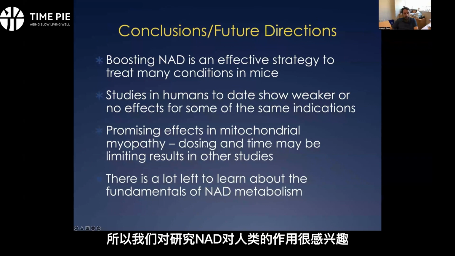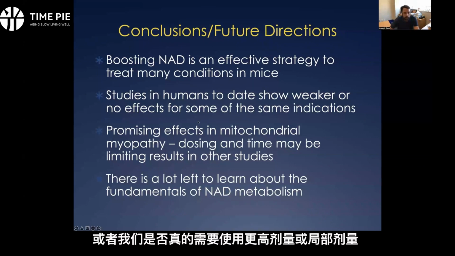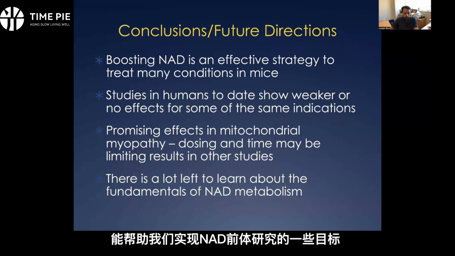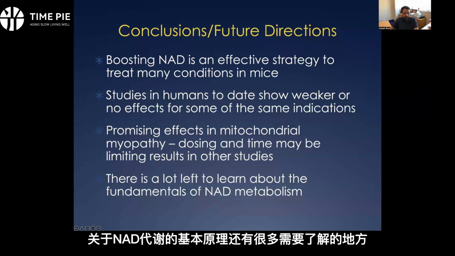And so we think it's a very exciting time to be looking at human studies, but also to be thinking about why we're not translating all of the things that we see in mice into humans yet, and a better understanding of some of these pathways that are relevant to NAD metabolism might really help us get there, considering things like intravenous dosing, or whether we really need to be using higher doses or local doses for certain indications, and really what the downstream pathways are that are relevant, which will be really important if we're really going to achieve some of the goals we have in humans for these NAD precursors. So clearly there's a lot left to learn about the fundamentals of NAD metabolism.